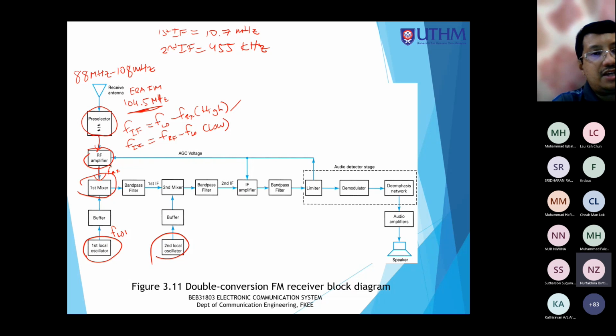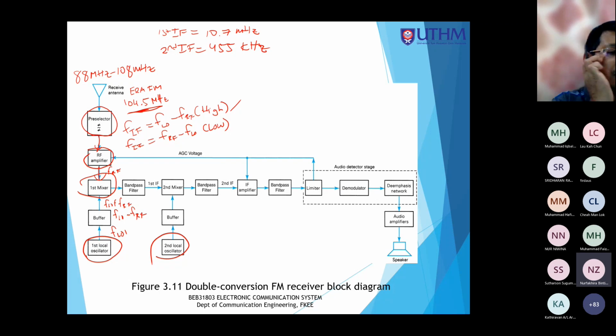You see that the mixing process will produce the upper sideband and also the lower sideband, which is FLO plus FRF and also FLO minus FRF.